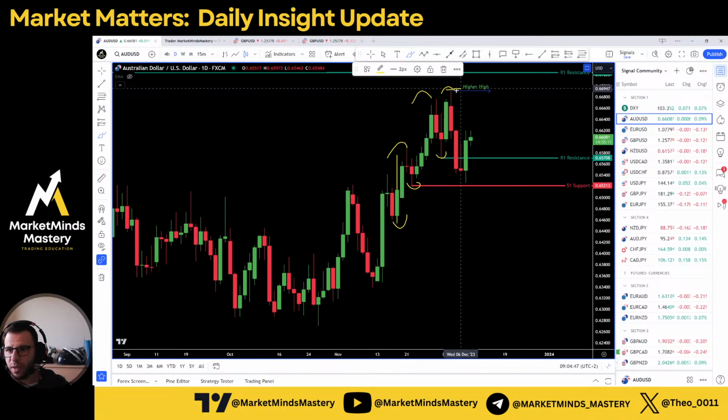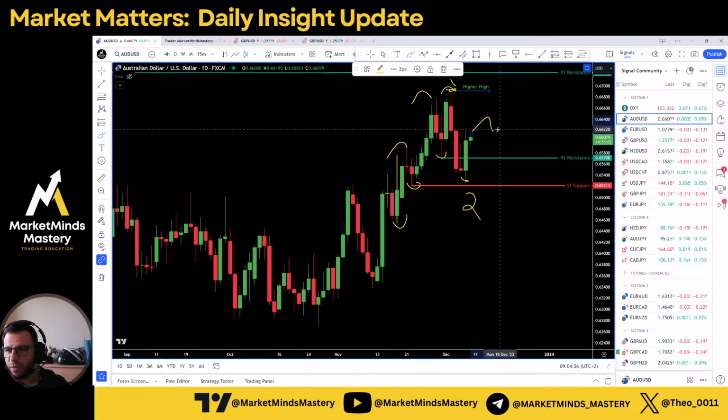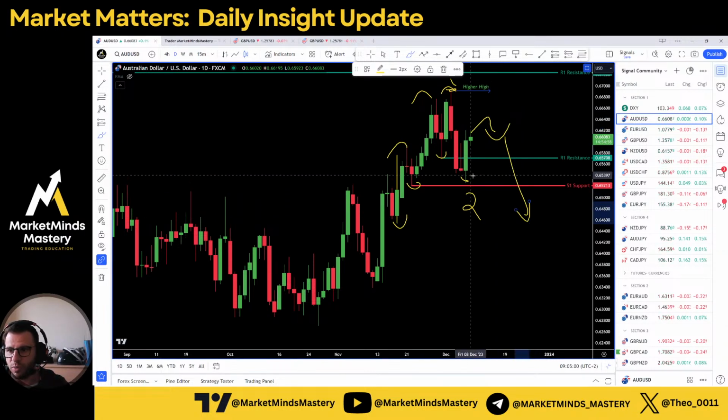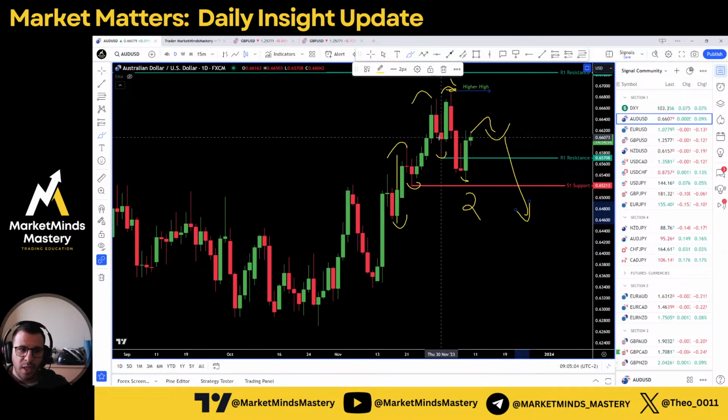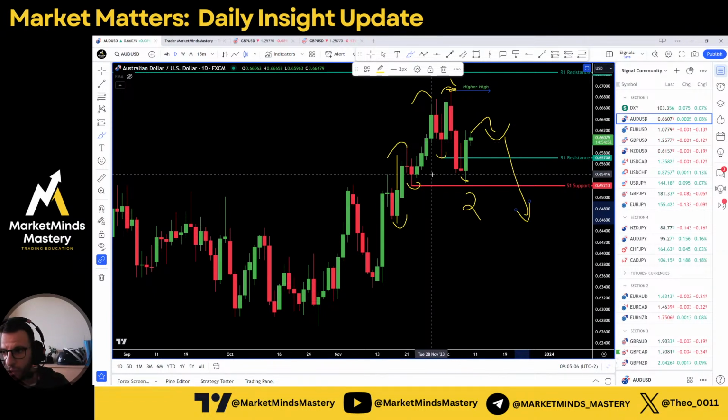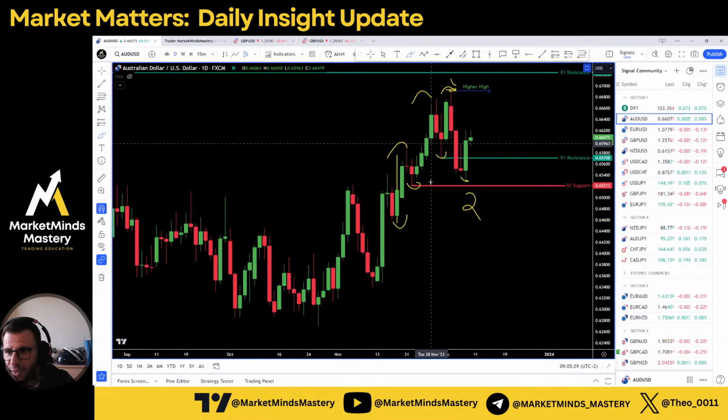So far, there is point number 1 and point number 2. We need to see a kind of reversal to estimate if the market is going to drop or continue. But for sure, what's not clear yet is that a downtrend is in place.